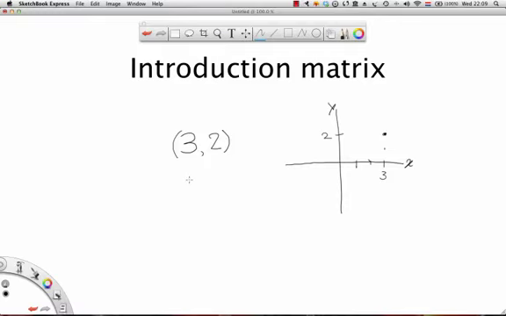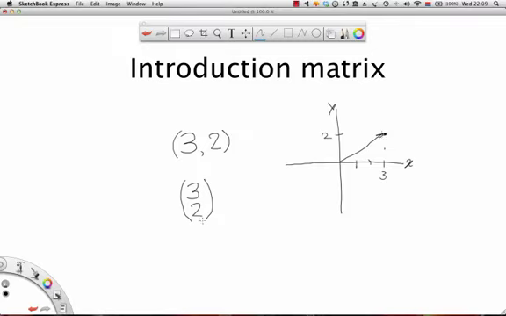Or I can start all over again and say, okay, I start with the number 3, I add another number 2, and all of a sudden this is a vector. For instance, starting from the origin to this point.